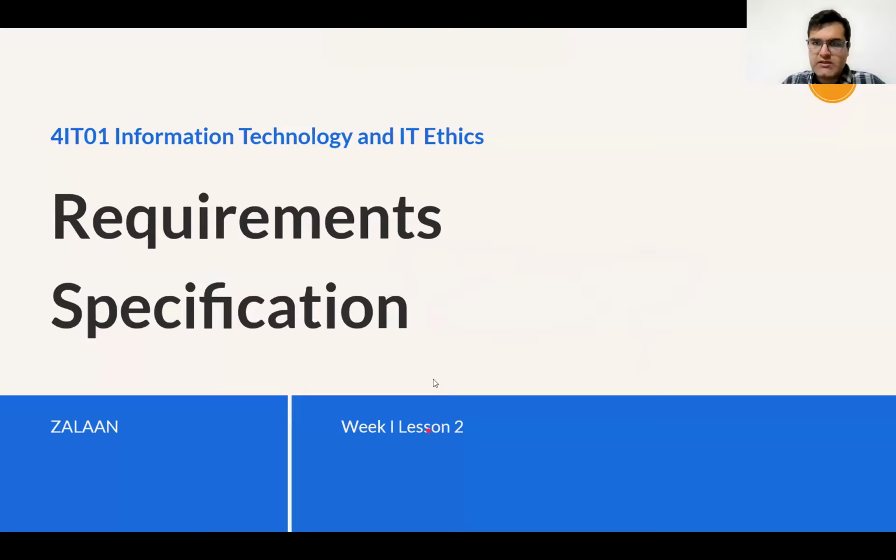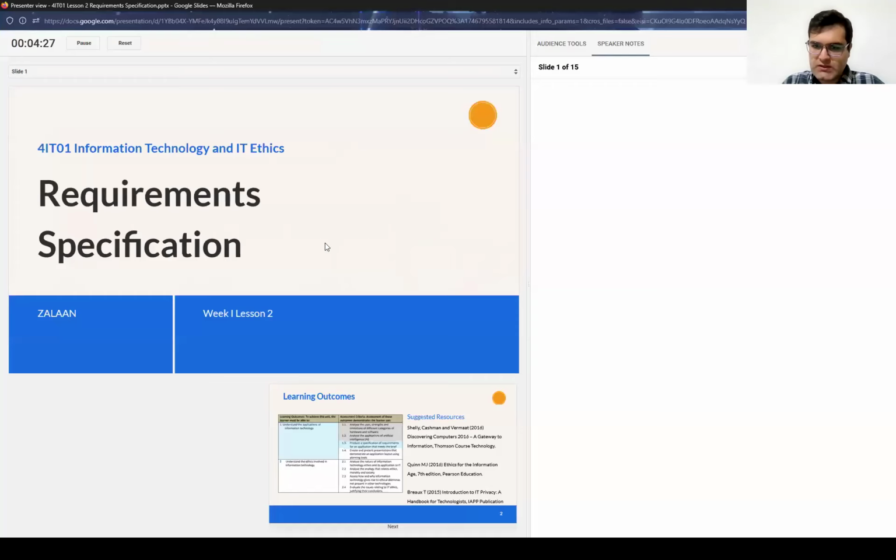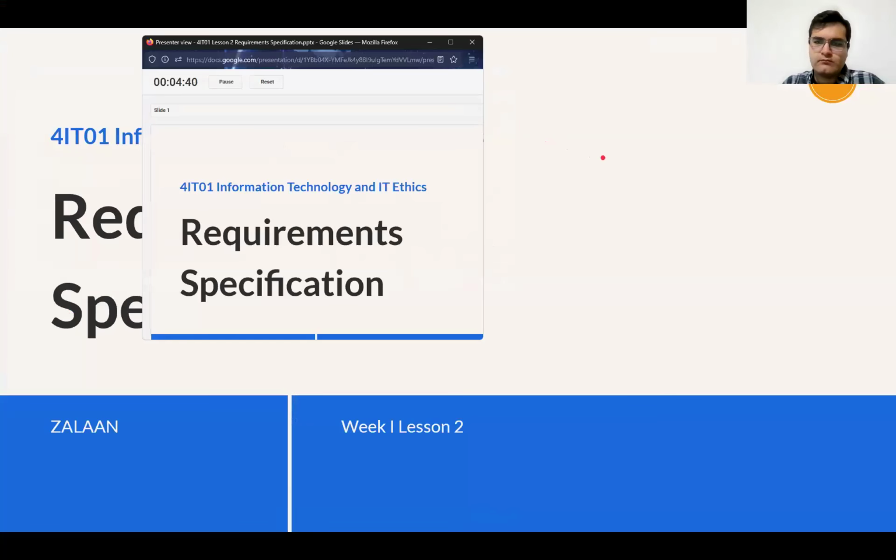I only have one screen this time, but I also have speaker notes. Oh wait, this way you still see speaker notes. Let me try sharing again.